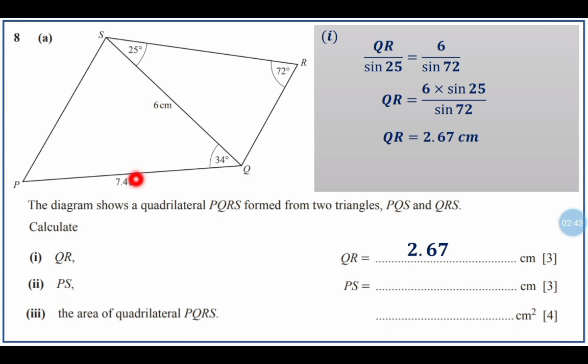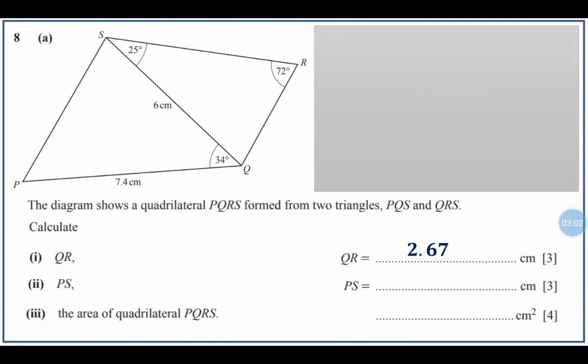It's unlike the first question, where we are given two angles and one side. Here we are given two sides and an angle that is opposite to the side that we are looking for. So what you need to do here is to apply the cosine rule. So for question number 2, cosine rule.